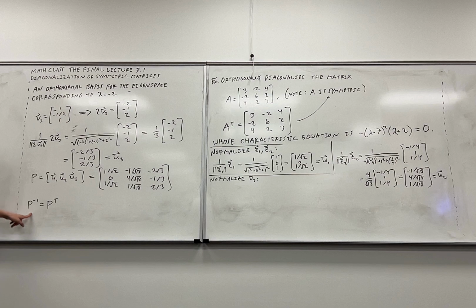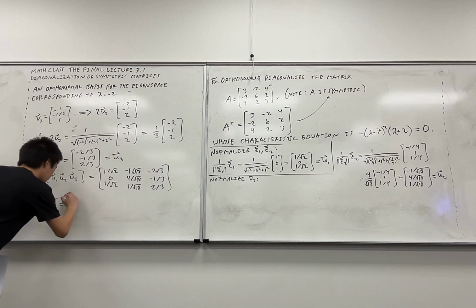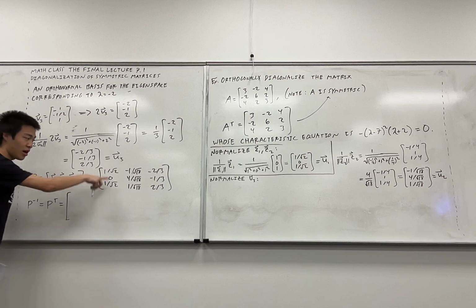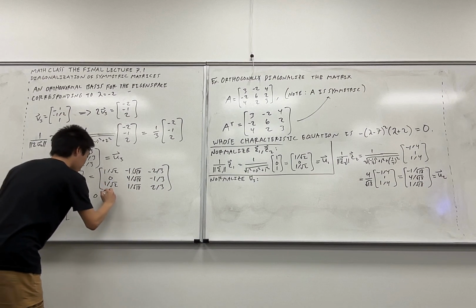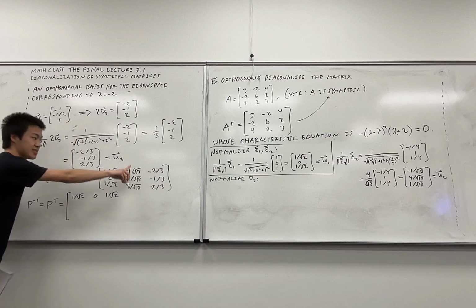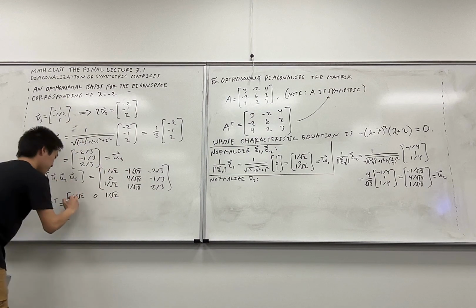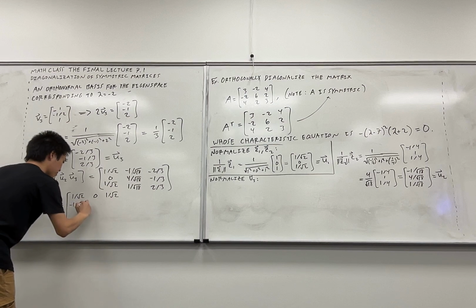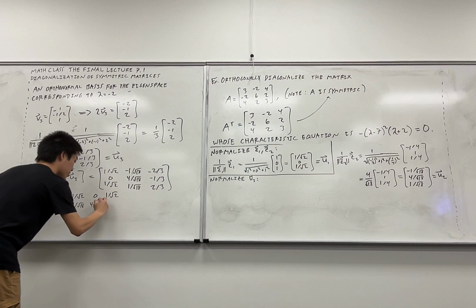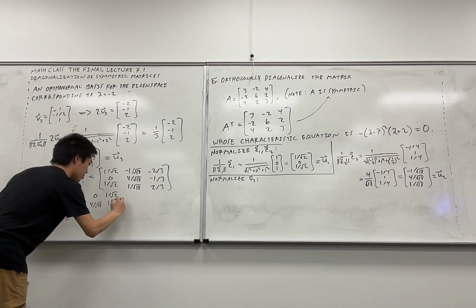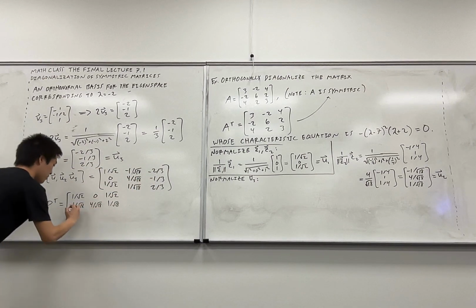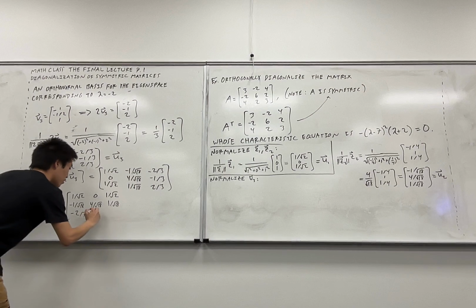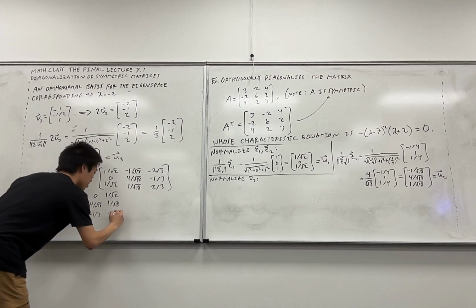So to compute this inverse, just take the transpose of it. This first column becomes the first row: 1 over the square root of 2, 0, 1 over the square root of 2. The second column becomes the second row: minus 1 over the square root of 18, 4 over the square root of 18, and 1 over the square root of 18. And lastly, the third column becomes the third row: minus 2/3, minus 1/3, and 2/3.